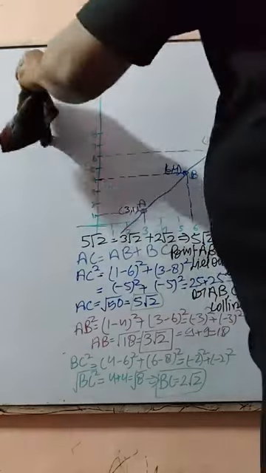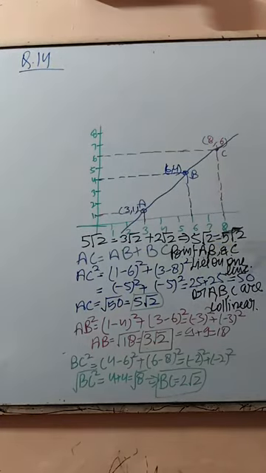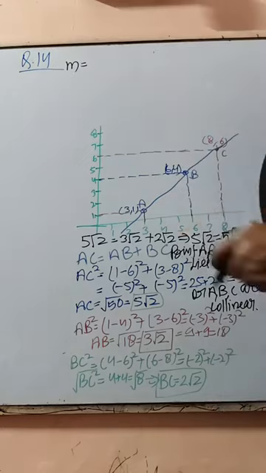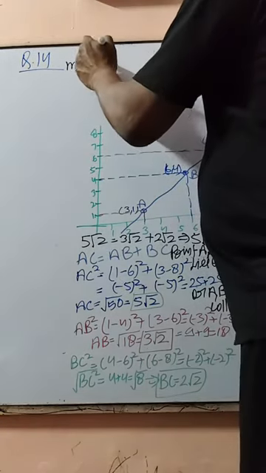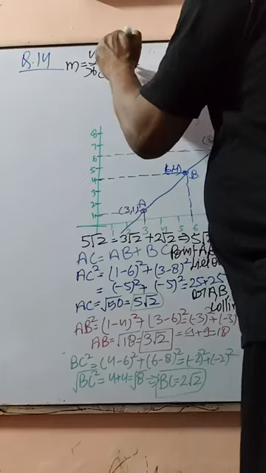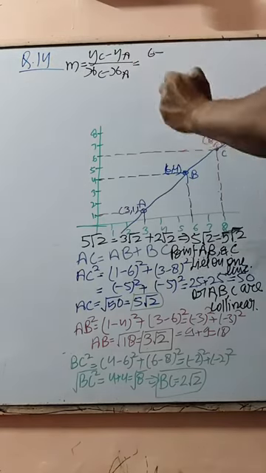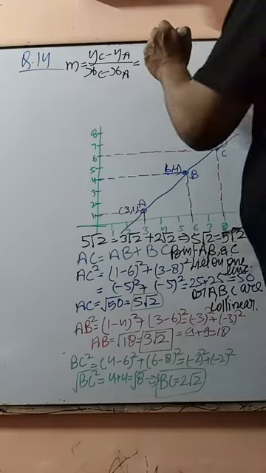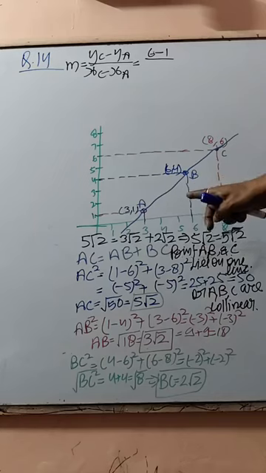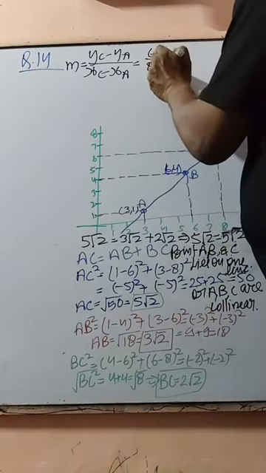बट अगर हम ये कहें, this is like so, अब सपोज इसको ले लेते हैं, तो m is equal to yc minus ya upon xc minus xa. yc is 6 minus ya 1, upon xc 8 minus xa 3.